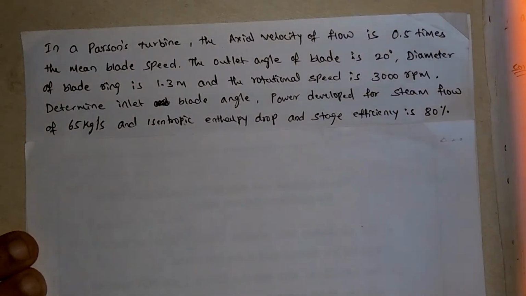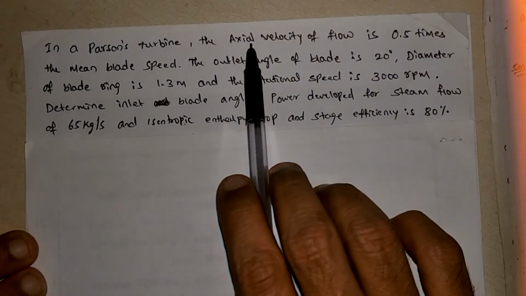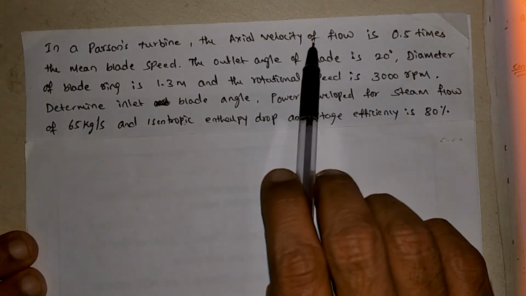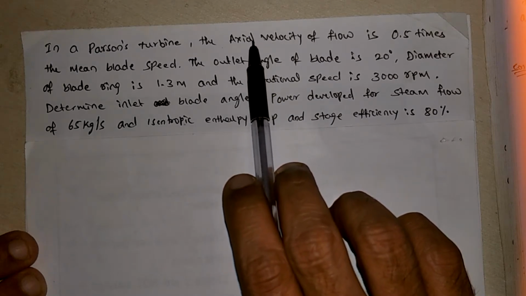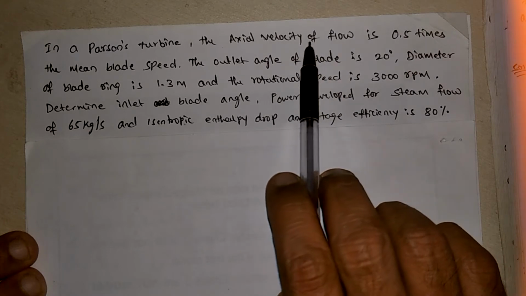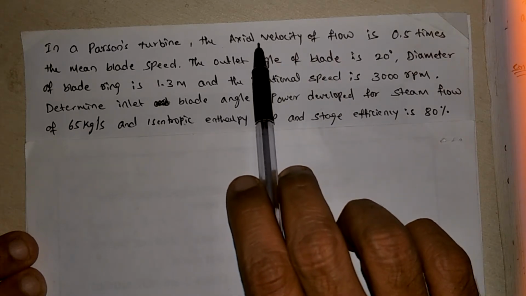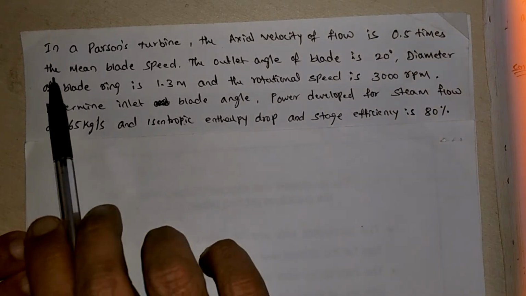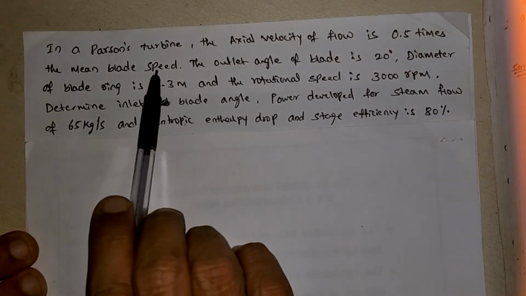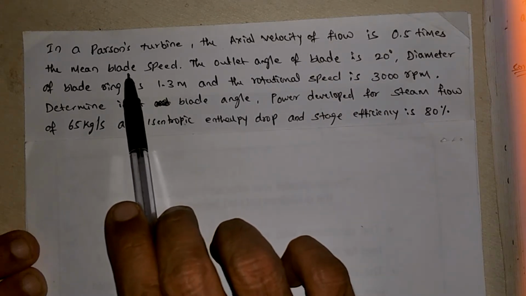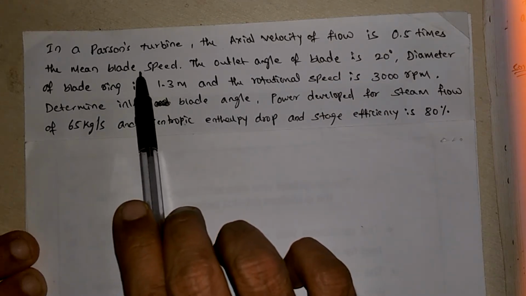Usually in Parsons turbine, Vf1 is equal to Vf2, and we are considering it as Vf here. So Vf is 0.5 times the mean blade speed. So we can say that Vf is equal to 0.5 times u.